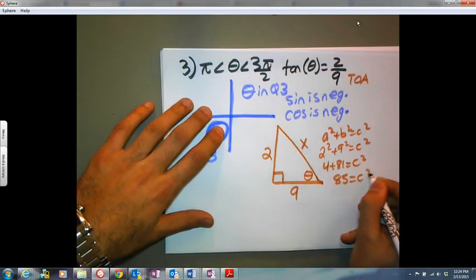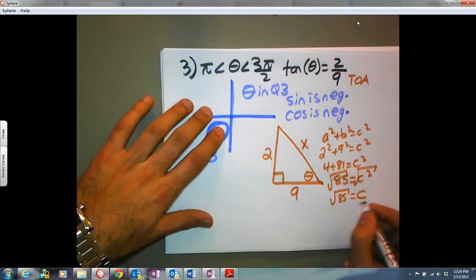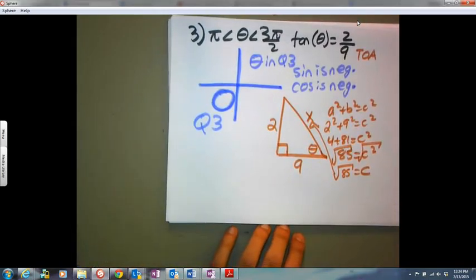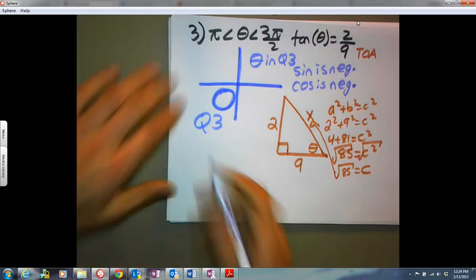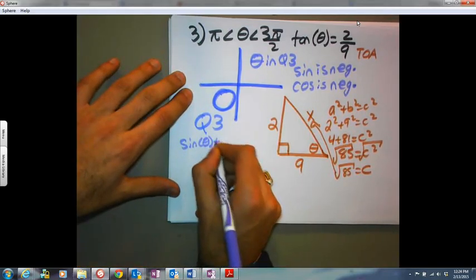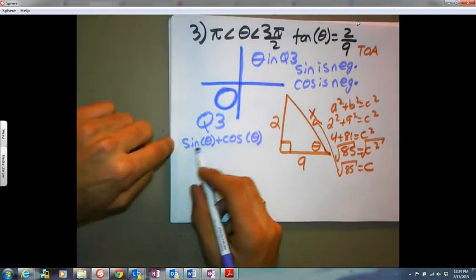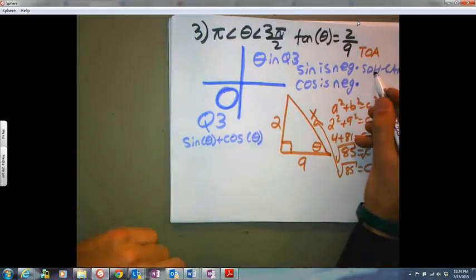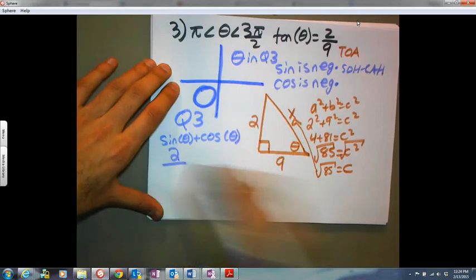So we now found our third side, that is to say our hypotenuse. Now we simply want to know sine of theta plus cosine of theta. Sine is opposite over hypotenuse, negative because I'm in Q3.